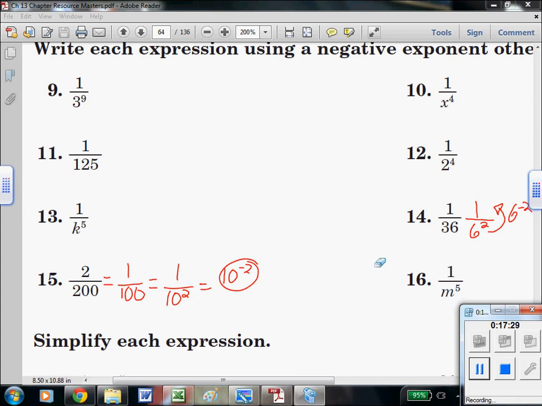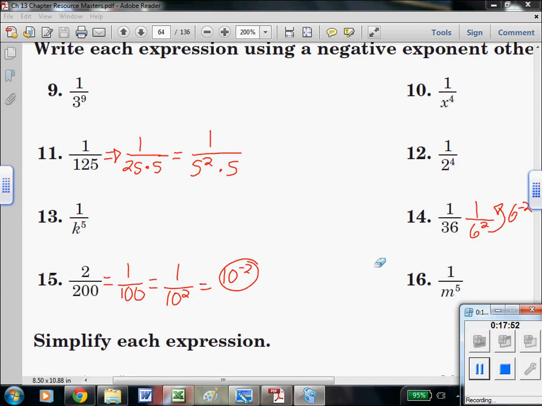Now for number 11, if we want to get a negative exponent in there, unfortunately 125 is not a perfect square, but we can break it up. We could say the equivalent of that is 1 over, let's say, 25 times 5. And then 25 is known as 5 squared. So we could say 1 over 5 squared times 5.